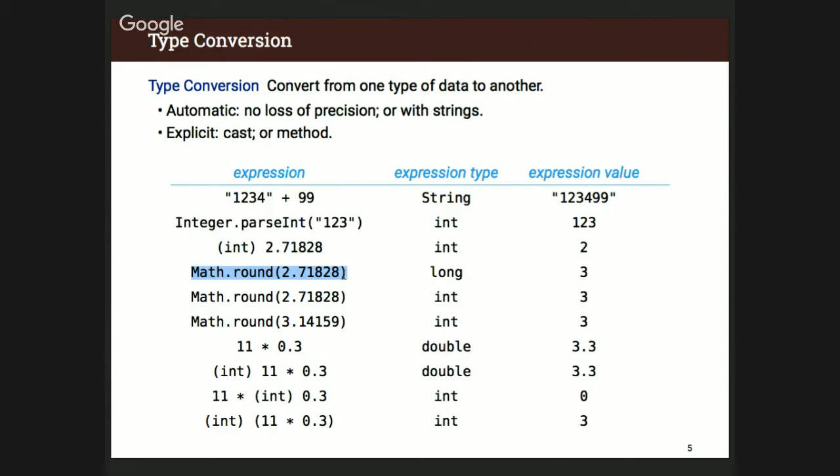In fact, it's twice as long as an int. Sometimes it's called a long int, but Java just calls it long. And for our purposes, we can just treat it as an integer, an int.